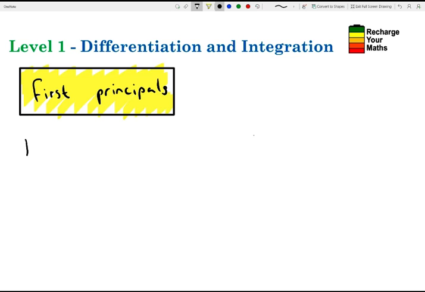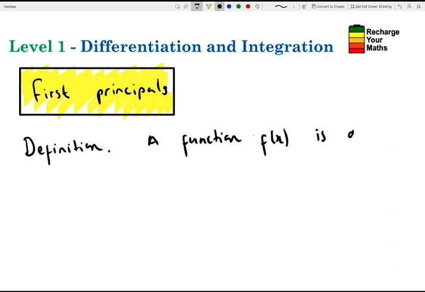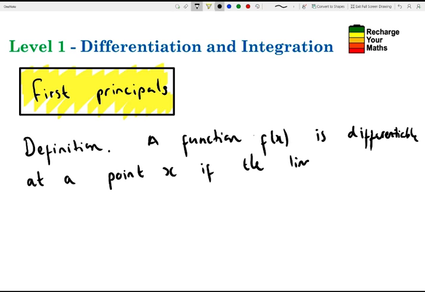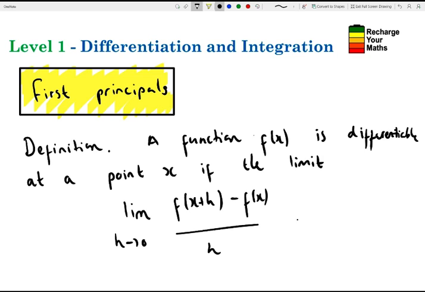Okay, so a quick definition. A function, let's say f of x, is differentiable at a point x if the limit as h tends to 0 of f of x plus h minus f of x all over h exists.